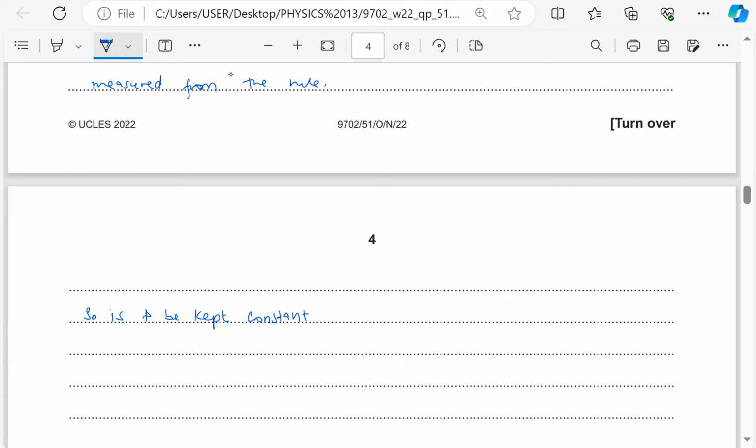S naught is to be kept constant by initially lining up the corner of the sheet with the vertical pin.